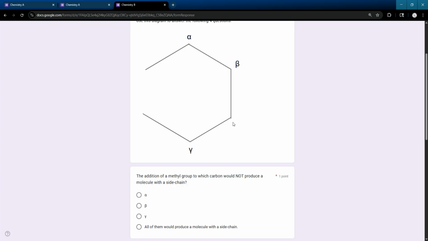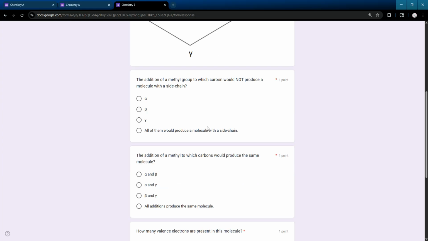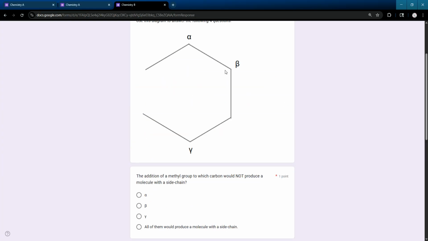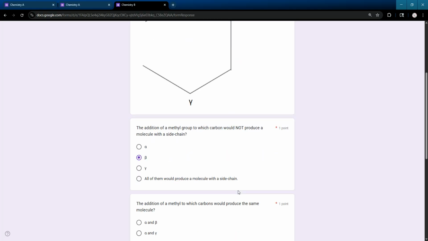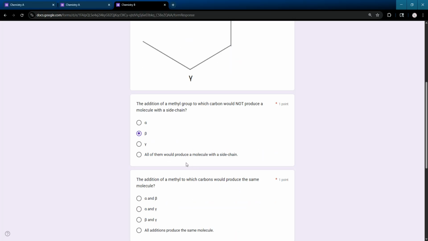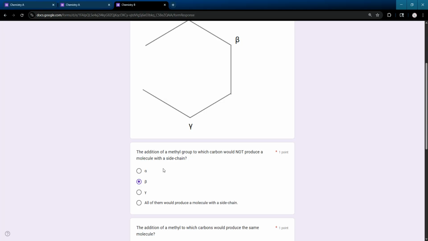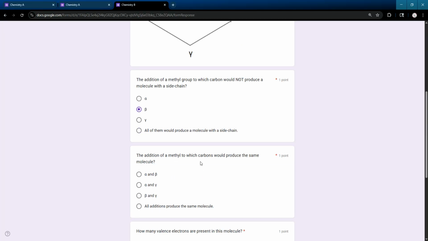That would be this one. And it would not be a side chain if it exists here.